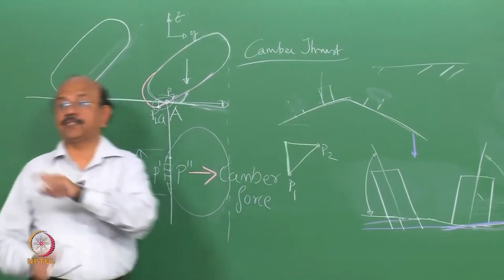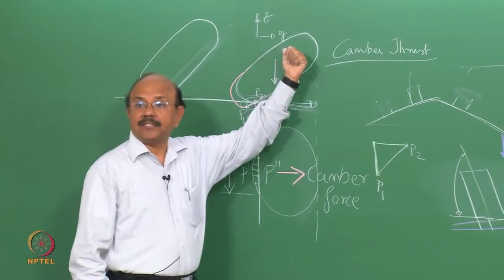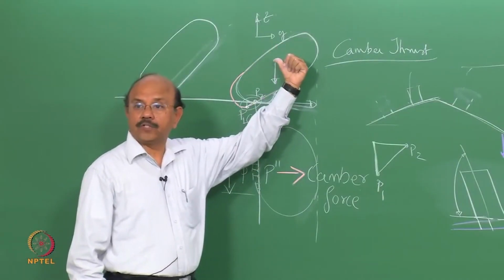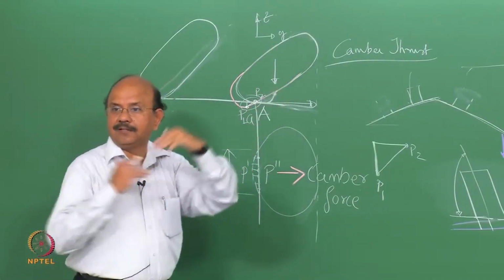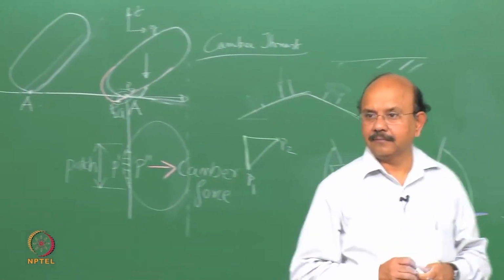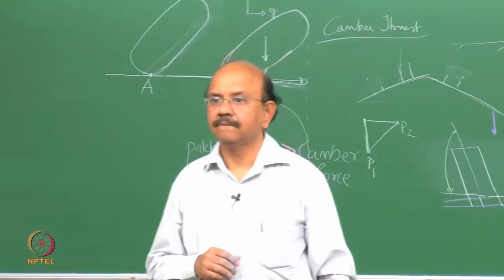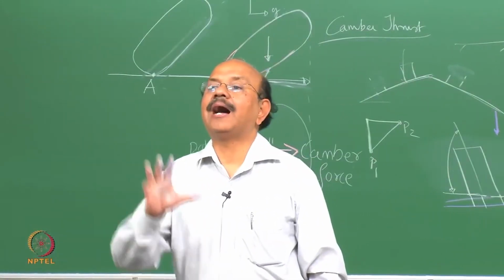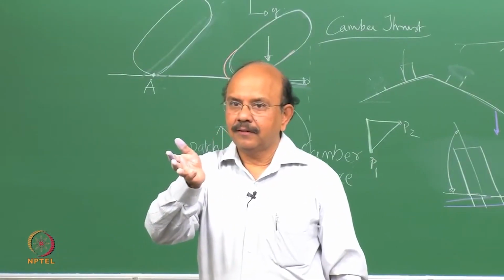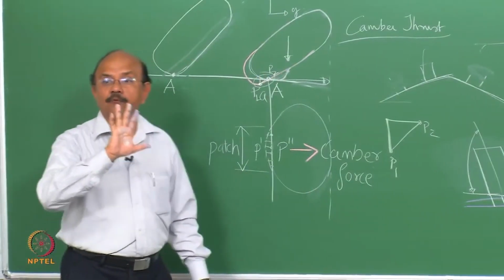The effect of camber thrust is, of course, a force that's acting on the tire, which is equilibrated by an equal force at the axle, and there are two forces acting on the tire. Is it equivalent to the situation where, on a flat road with no camber, you somehow generate a body force in the horizontal direction? There is no body force involved in this. What is body force?